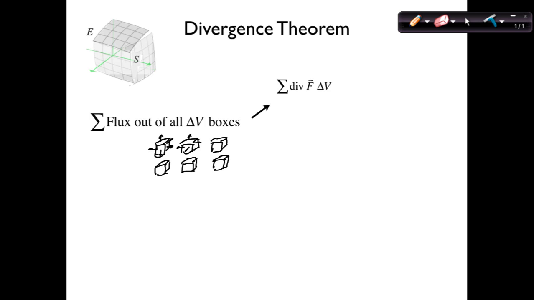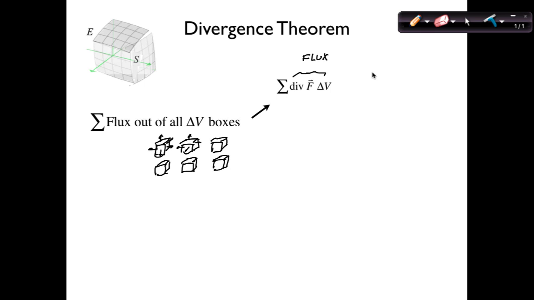That was actually part 2. Part 1 is just use the result from the previous page. We're summing up all the flux out of the boxes. Well, flux is flux density times delta V, or divergence times delta V. So that's it.